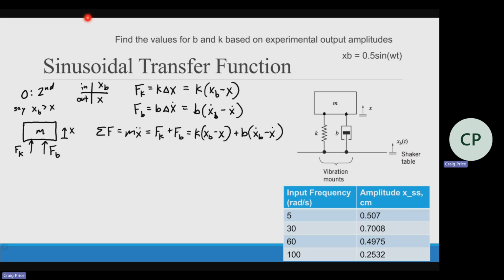Now we're going to bring all of the x's to this side. These are both negative, that's good. We're going to add them to this side, and we get mx double dot plus bx dot plus kx equals bxb dot plus kxb.